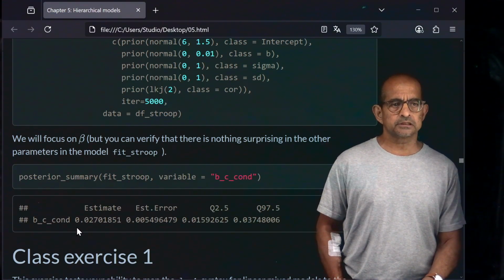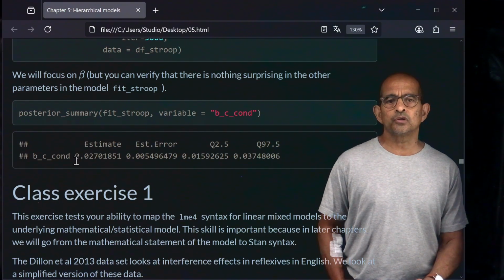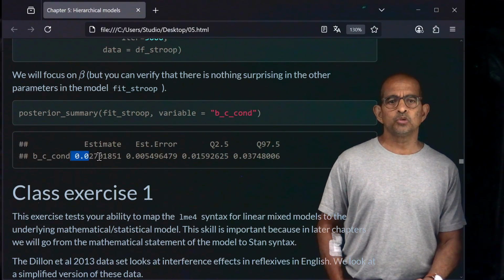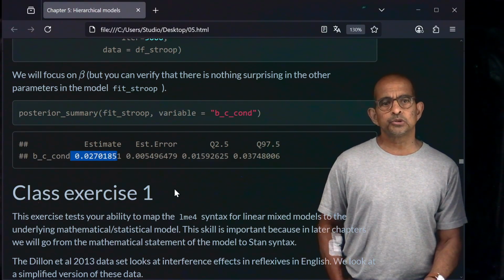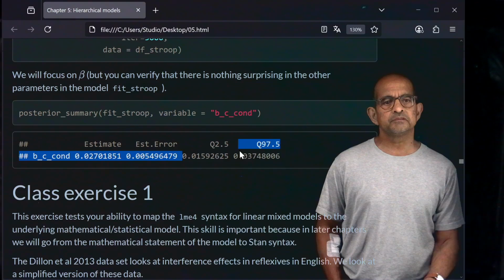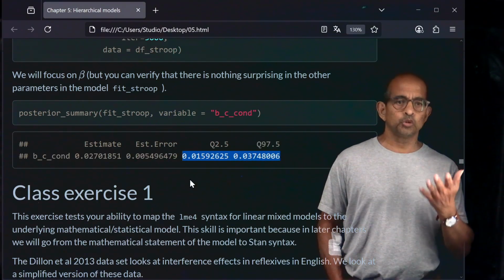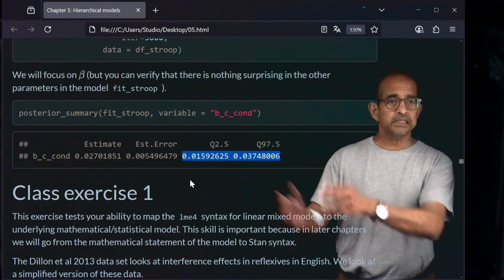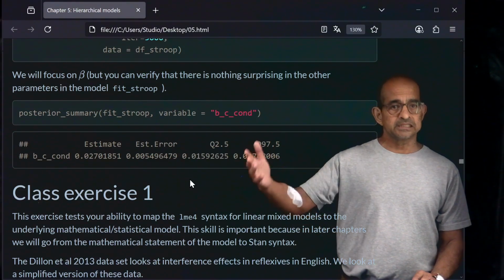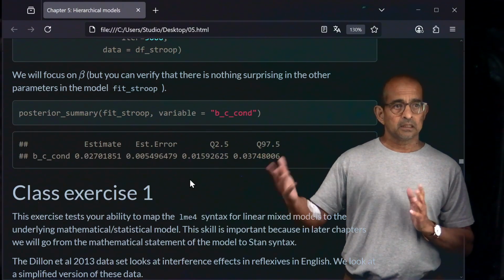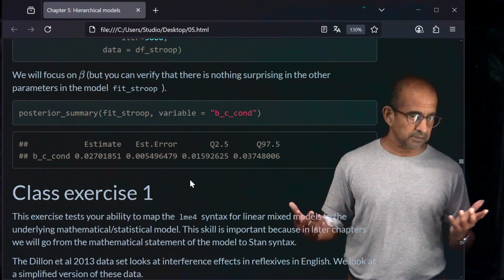The only thing I want to show you here is that the main thing of interest in this model was the effect of the congruency on the reaction times. You can see that the estimate on the log scale is 0.02 with a 95% credible interval, shown here. That's useful information. What that tells me is that the result is consistent with the belief that incongruency will lead to slower reaction times, right?